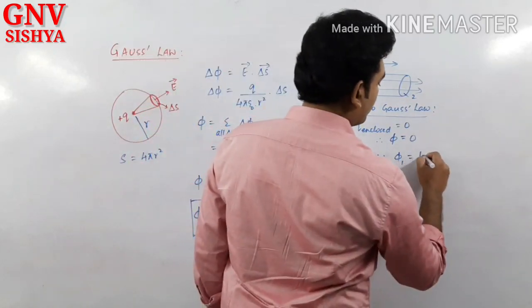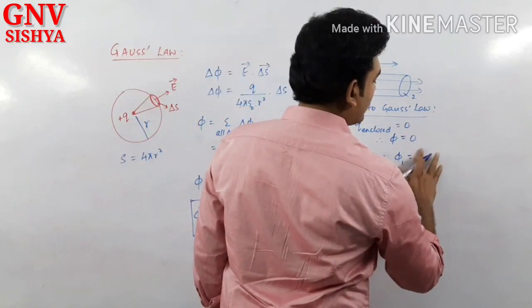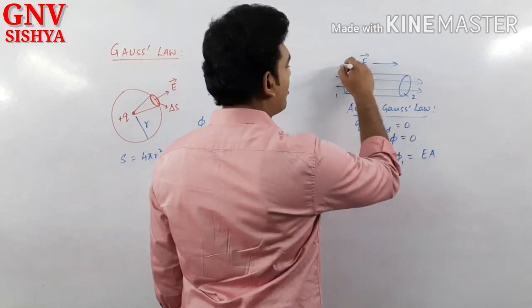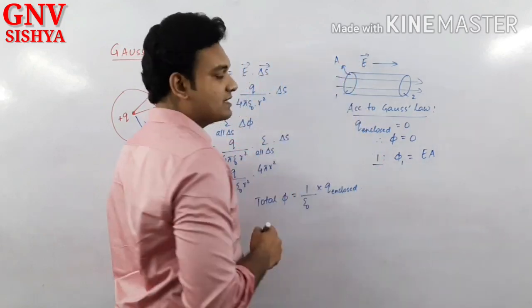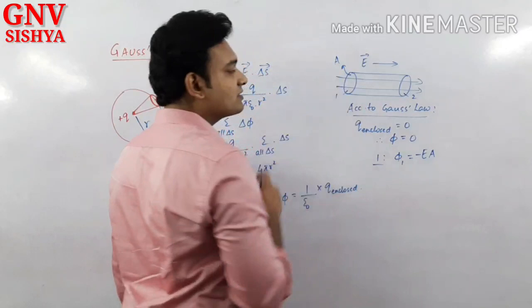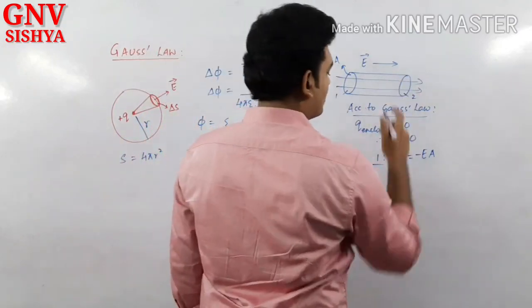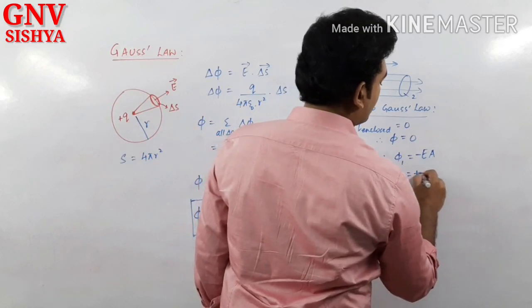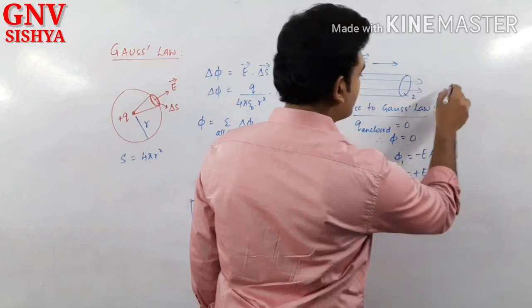So we will write it as electric field multiplied by area. Let us take the area of cross section as A. So here the flux will be minus EA because the flux lines are going in. Over here the flux phi 2 for the second surface will be plus EA because the flux lines are coming out.